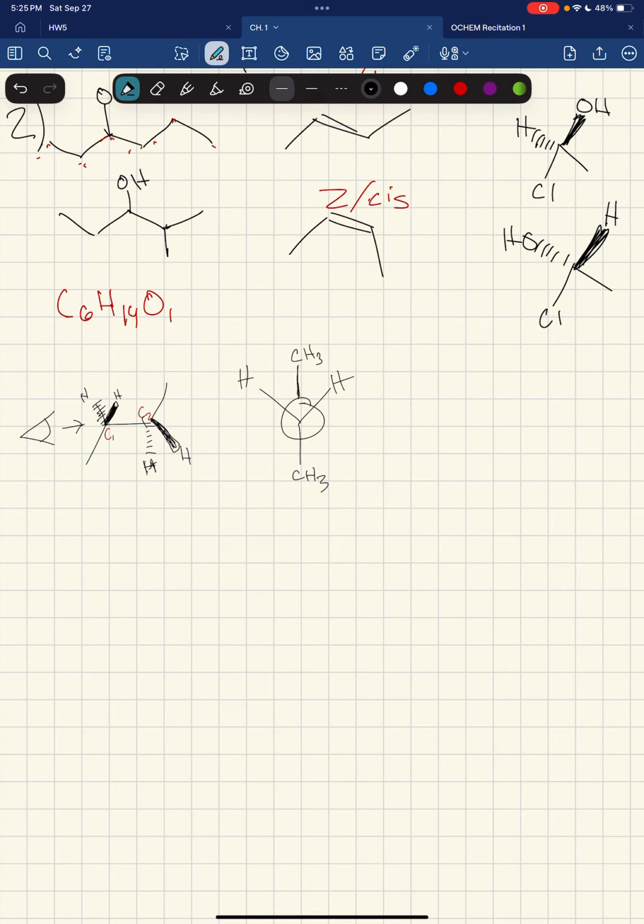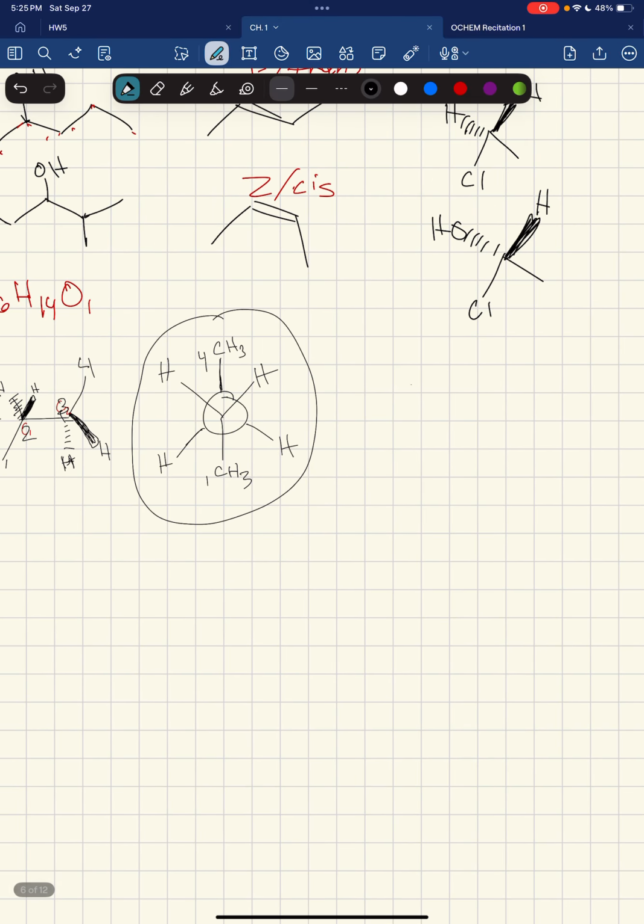There's CH3, H, H. So the most stable conformation of this will be where carbon 1 and carbon 4 will be farthest apart. So this is going to be the most stable because they're rotated around that sigma bond to make it so they are as far apart as possible.